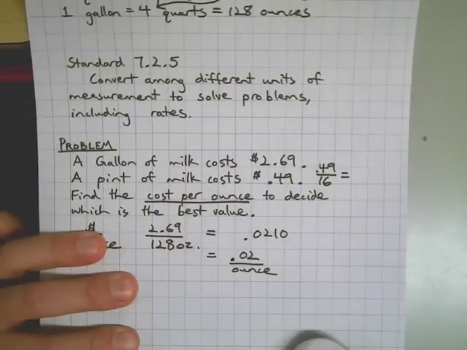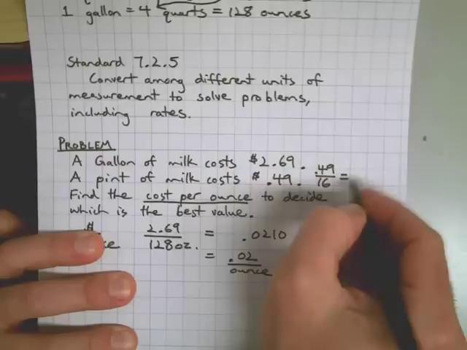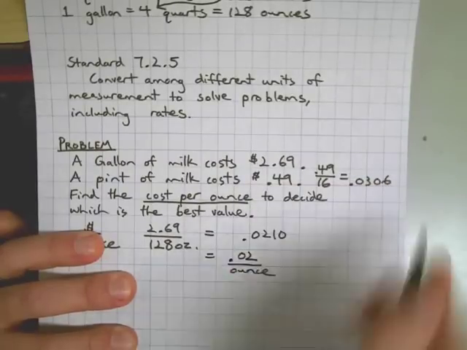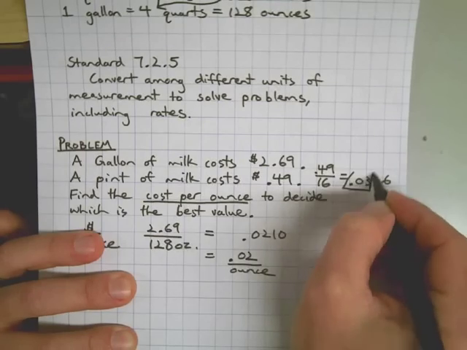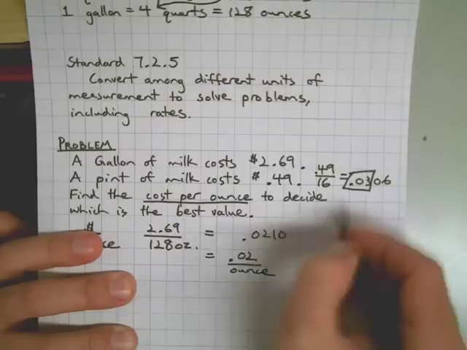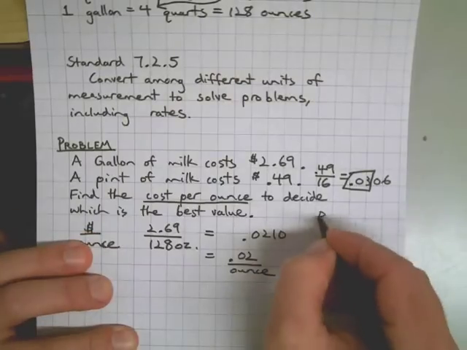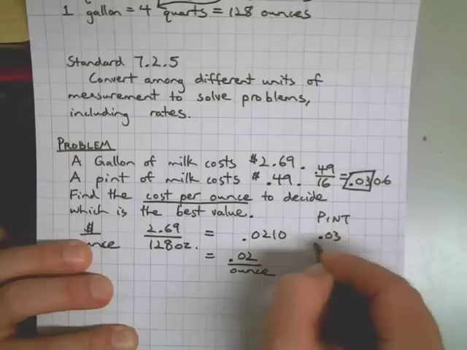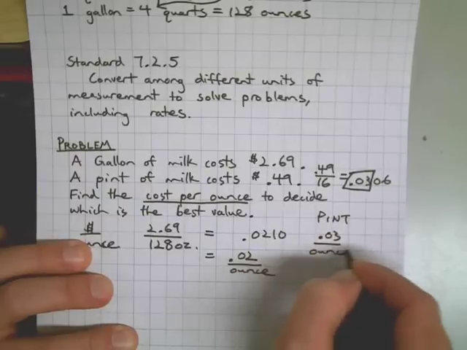Let's do the division. Okay, actual money we can have in our hand is 3 cents. So our pint is 3 cents per ounce.